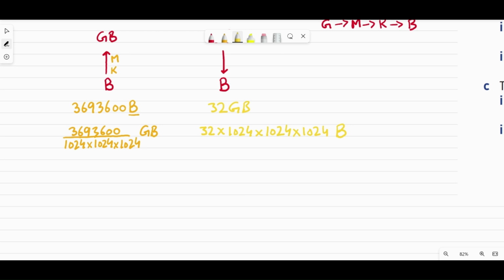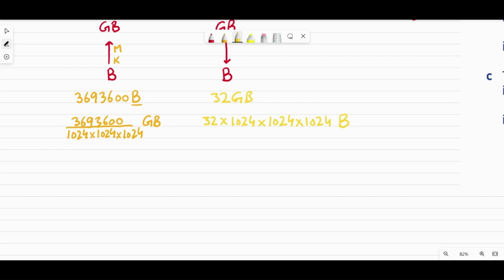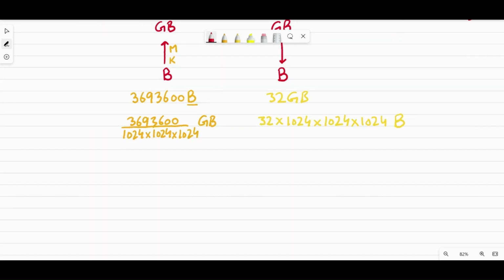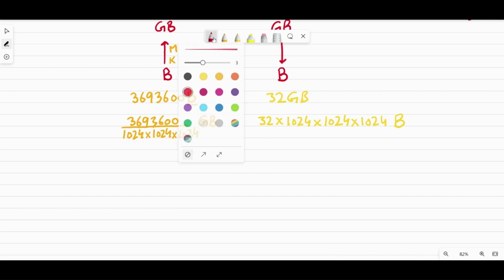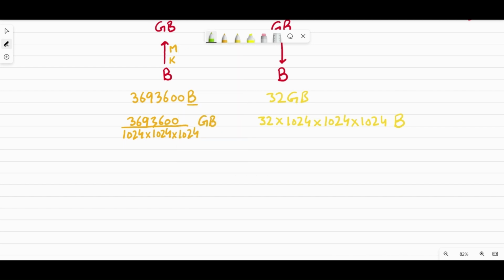In that case, we're going to come up with the same units, GB or byte. Now I need to summarize both of the workings for you, and for that I'm going to use a different ink.